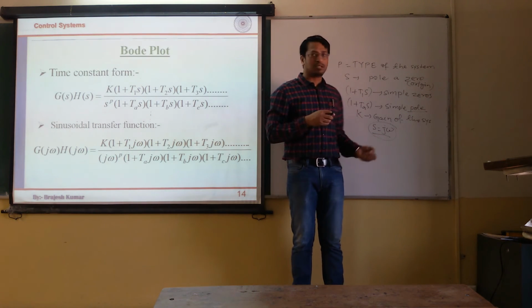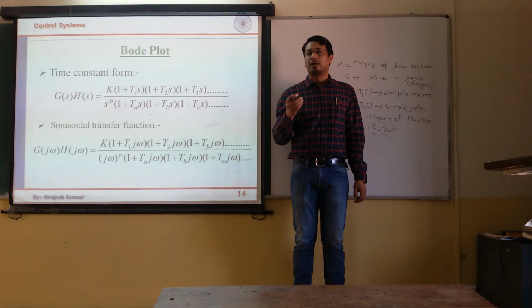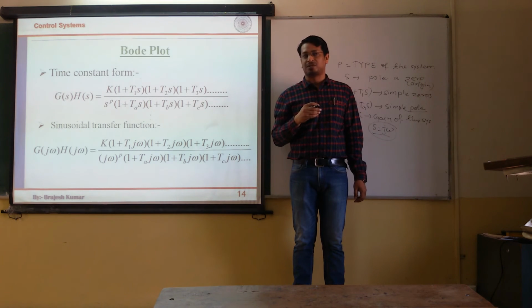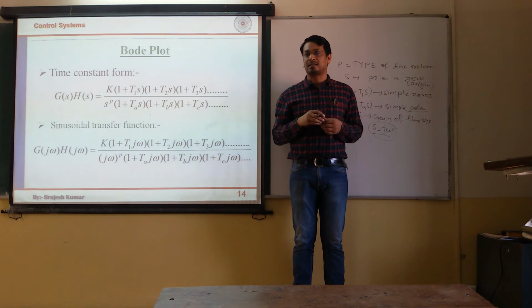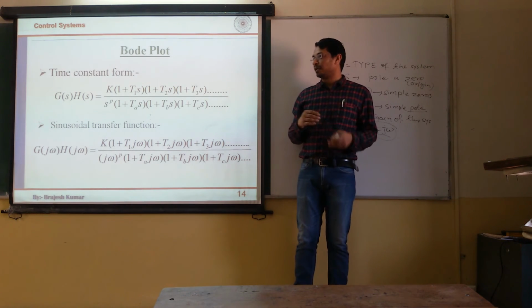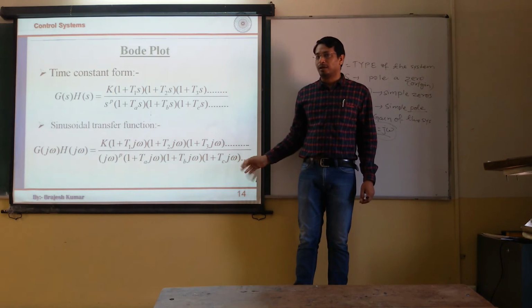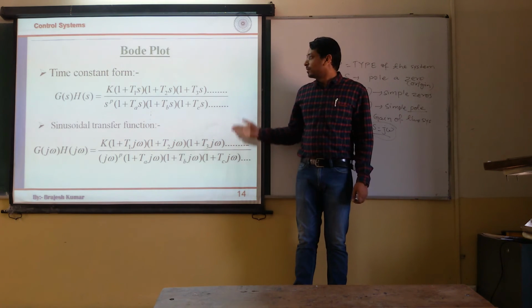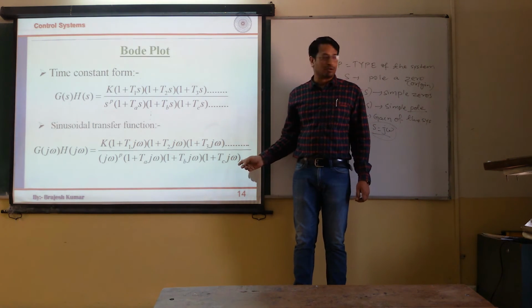Why are we putting s equal to j omega? Why are we not putting s equal to sigma plus j omega? I have already discussed all this in the previous class. Correct? Okay.